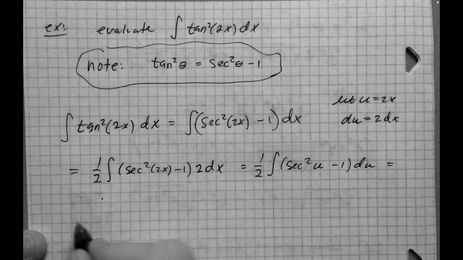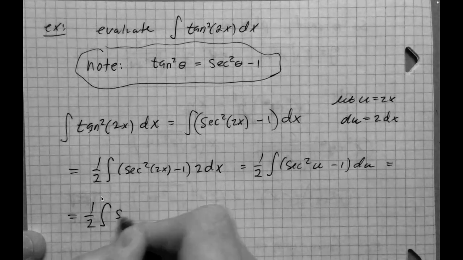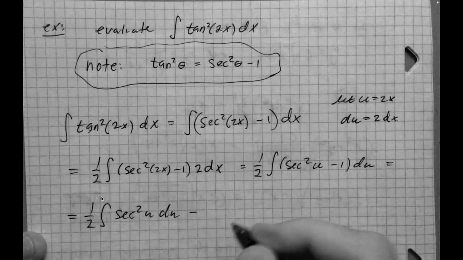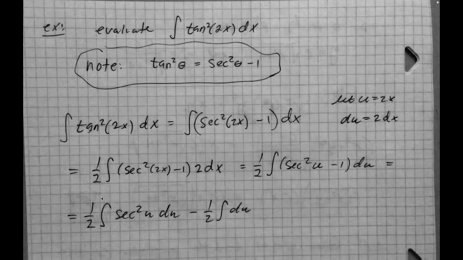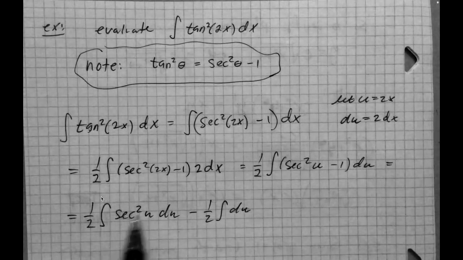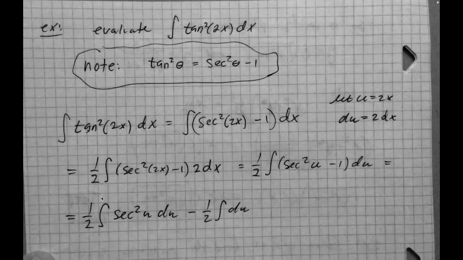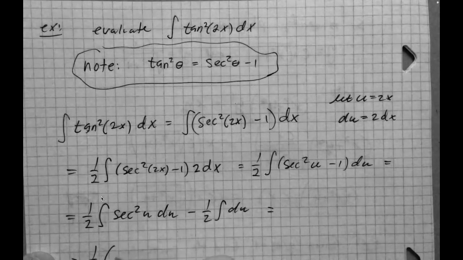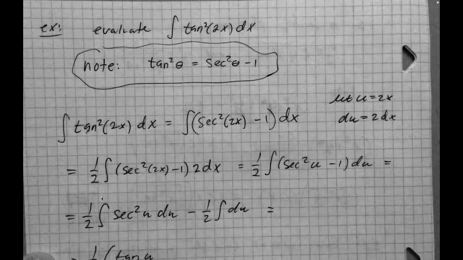We could make it 1/2 times the integral of secant squared u du minus 1/2 times the integral of du. Then the integral of secant squared is tangent, so this would be 1/2 times the tangent of u.